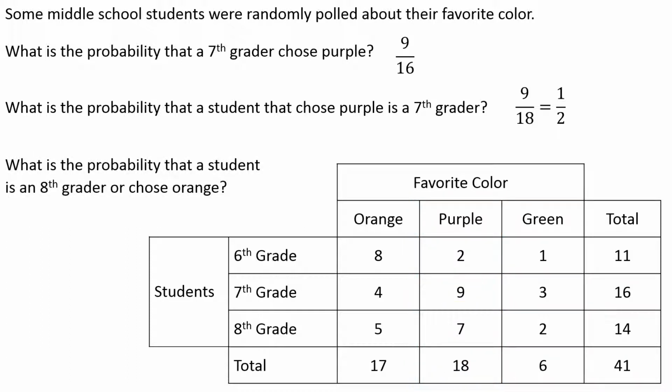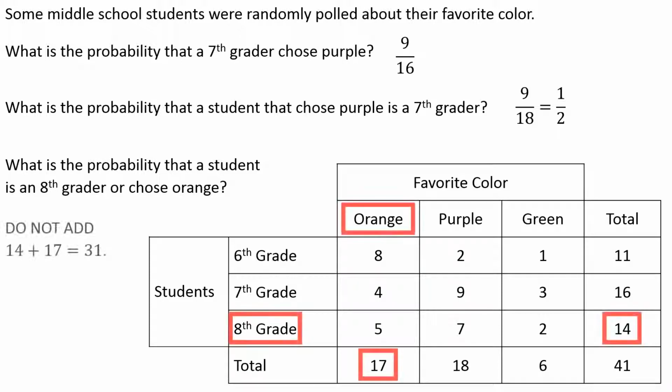What is the probability that a student is an eighth grader or chose orange? Okay, first I'm going to show you what you don't do. You don't grab the grand total for eighth graders and the grand total for orange and add them together and get 31. That is not what we do here.